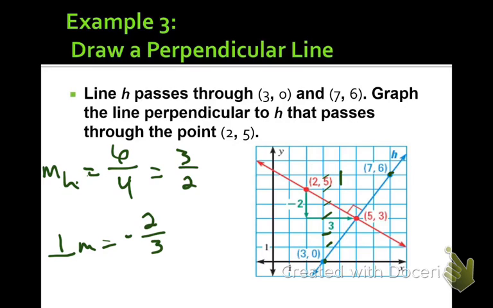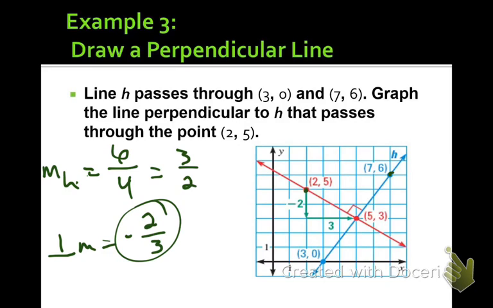The perpendicular slope would have to be negative 2/3. You flip the slope and change the sign. Now, by definition, if you were to multiply those two slopes out, you should get -1. Feel free to check that if you'd like. I know the line's already drawn, but since the slope has to be -2/3, and the line needs to go through the point (2, 5), you start at (2, 5) and then just follow the slope, rise and then run.